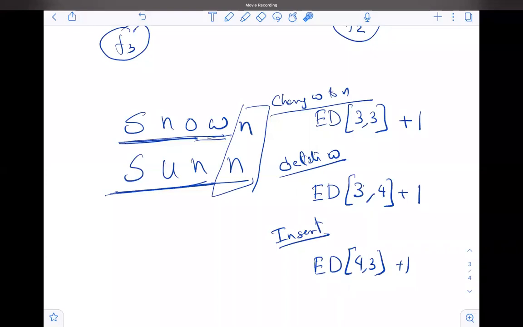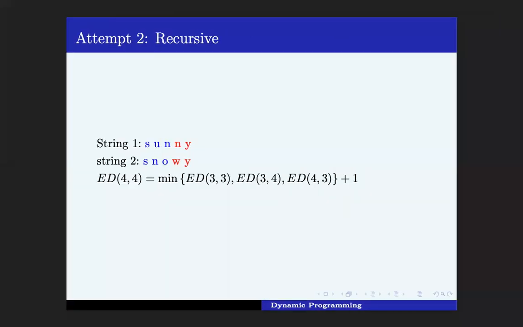And these are the only possibilities that you could have done. So what is ED(4,4)? It is the minimum over all of these.